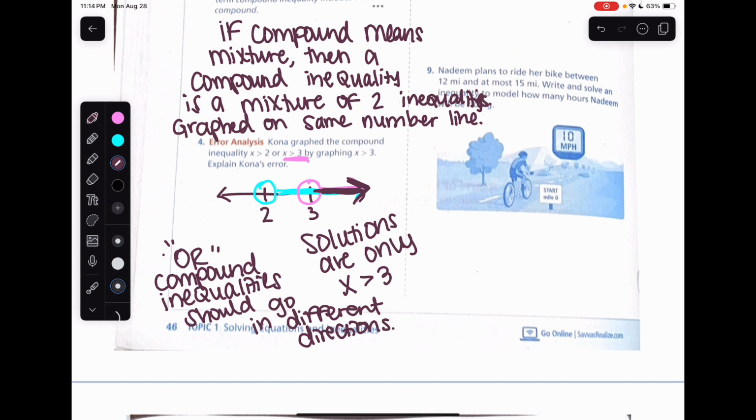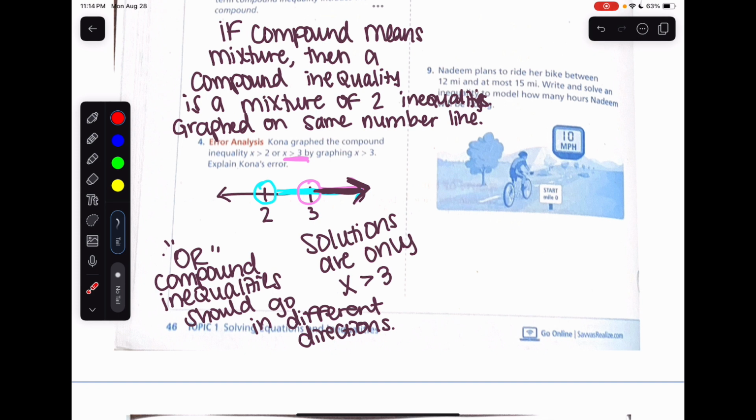Because what's happened here is if he was trying to say that these two inequalities were similar, or like they had a comparison because of the or part, right? There's no way that they should be an or statement at all. Maybe it's supposed to be an and somewhere. Maybe the x is greater than 3 should have been x is less than 3.